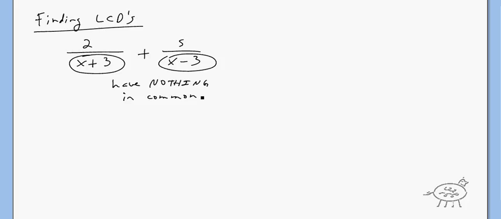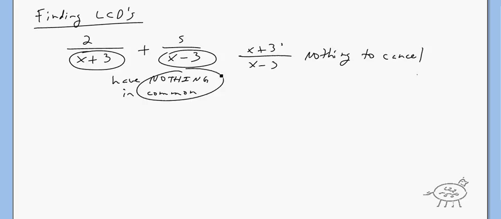The way I know is if I do x plus 3 over x minus 3, can I cancel anything out? No, there's nothing to cancel. That's why they have nothing in common. It's kind of a test: try to divide them. You should remember from the last chapter, you can't simplify x plus 3 over x minus 3. You're done with that.